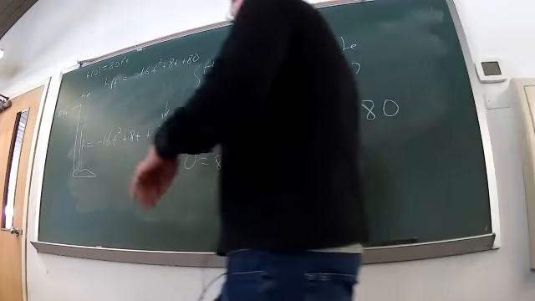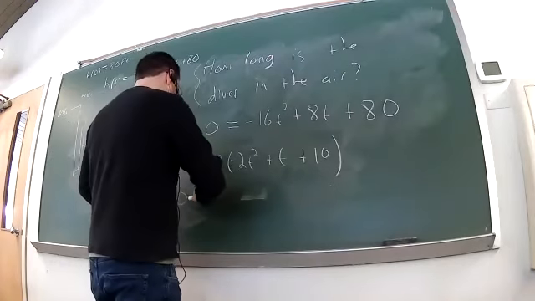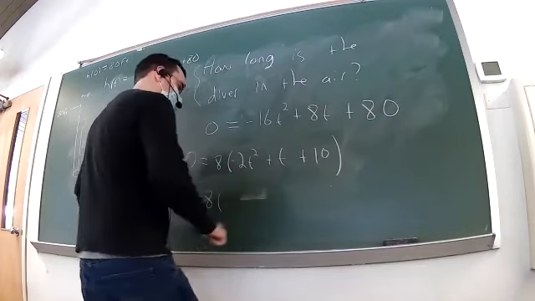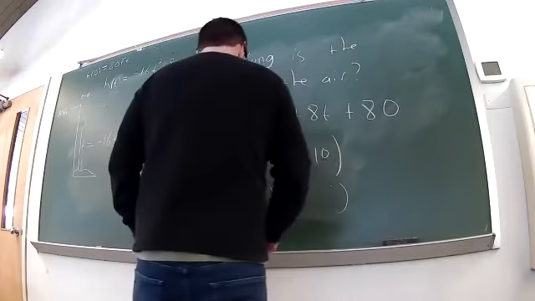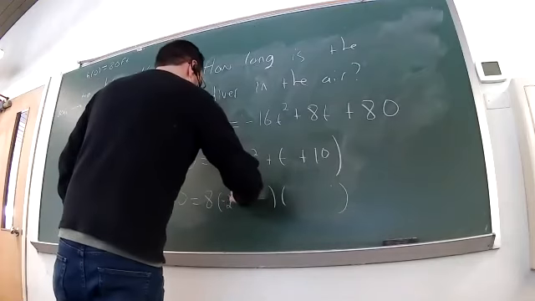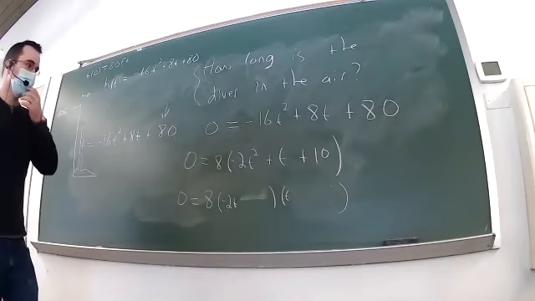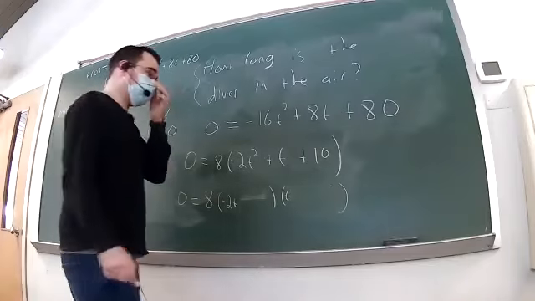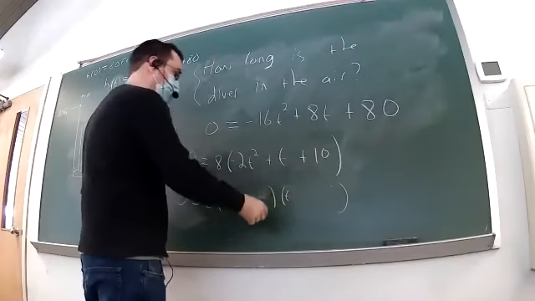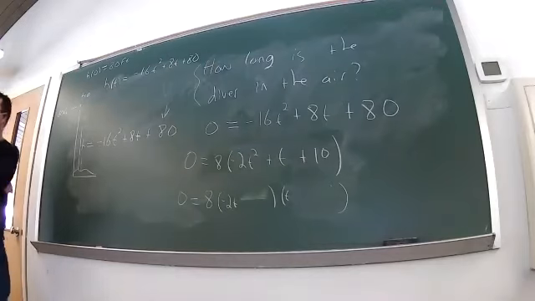And so anyone who got to this stage, or even if we're seeing this stage for the first time, how might we factor it? I think negative 2t and t. And then we need 2 numbers that multiply out to 10 and will give us t as the middle term. So any suggestions? Yeah.